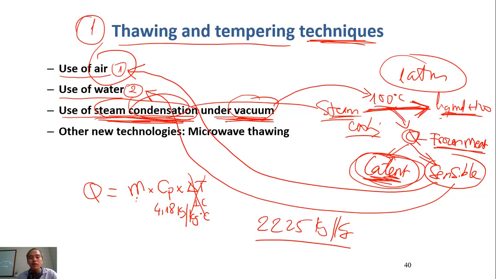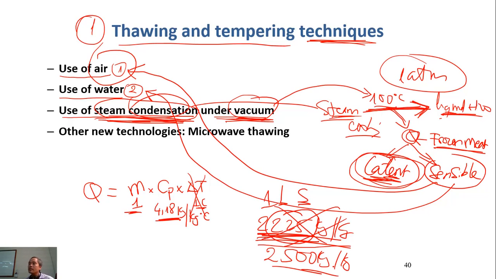That means when you reduce 1 degree C of 1 kilogram of water, you can only supply to the food about 4 kilojoule. But here, when you condense 1 kilogram of steam, you give to the food more than 2,000 kilojoule. A lot of energy, right?